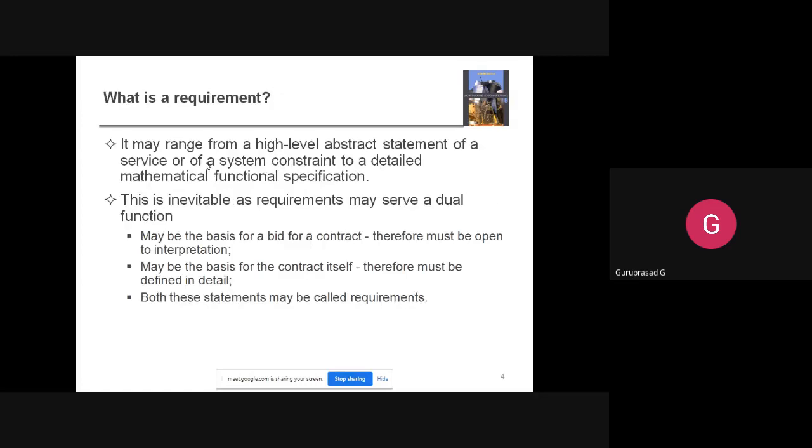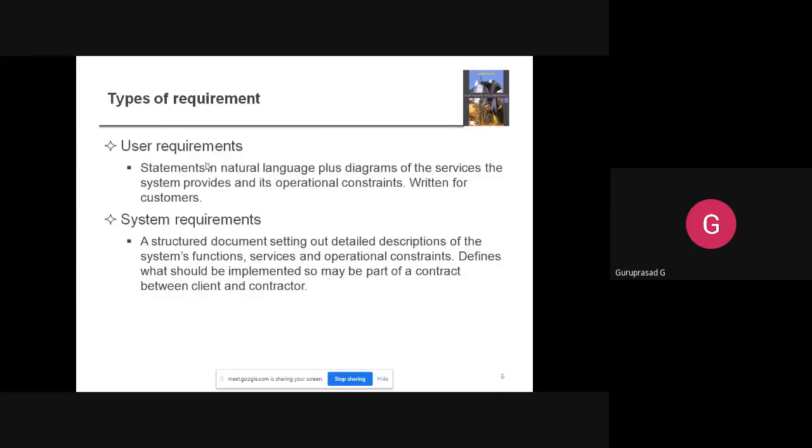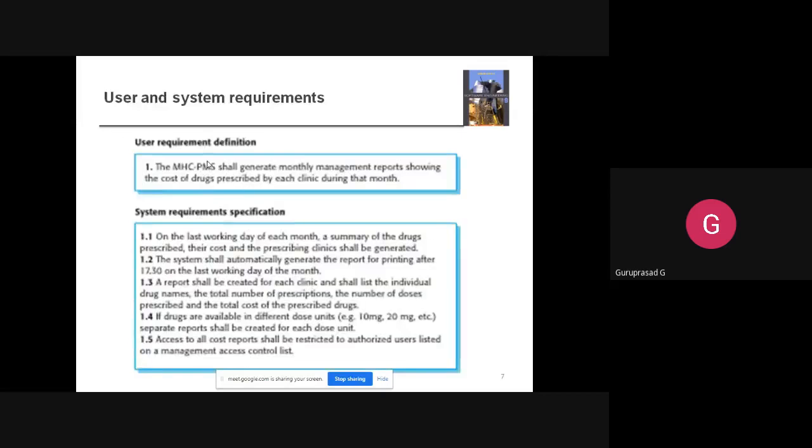We defined two types of requirements: user requirements and system requirements, correct? Both are the same, but one is very abstract, one is very detailed. I gave examples taking the case study of a mental health care patient management system.